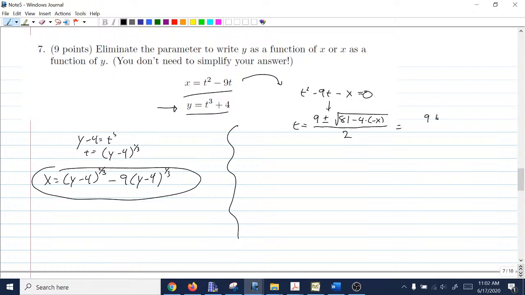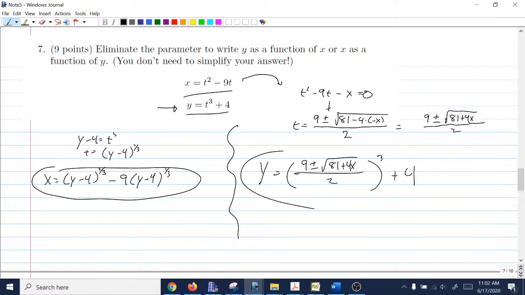So this is 9 plus or minus root 81 plus 4x, all over 2. To get y as a function of x, I need to take my formula for t in terms of x and plug it into y. So y equals that thing cubed plus 4: 9 plus or minus the square root of 81 plus 4x over 2, cubed, plus 4. These are allegedly the same.